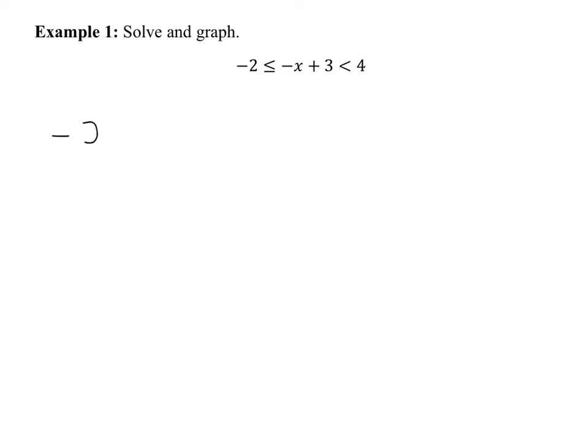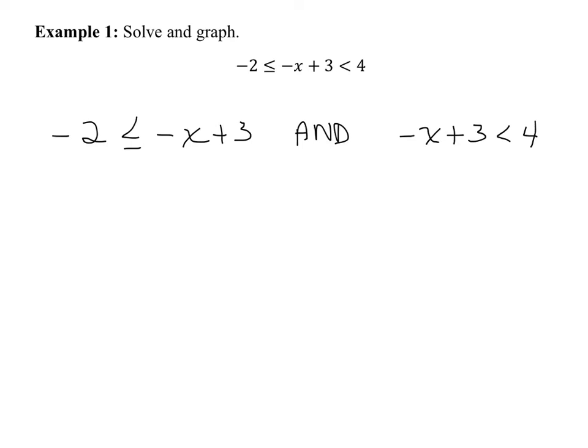So let's write it like this: -2 less than or equal to negative x plus 3 and negative x plus 3 less than 4. That's what this is really saying. You would say that that middle term is greater than or equal to -2, that's on the left, and it's also less than 4, shown on the right.